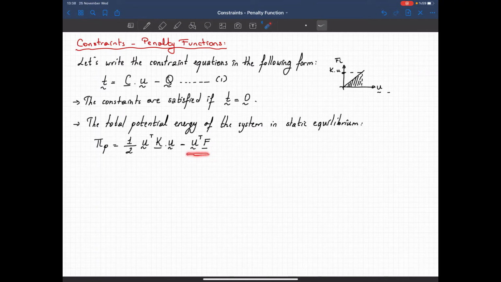Now what I'm going to do is add another term to it, plus 1 over 2 T transpose alpha times T. Okay? So this alpha is a diagonal matrix of penalty numbers.